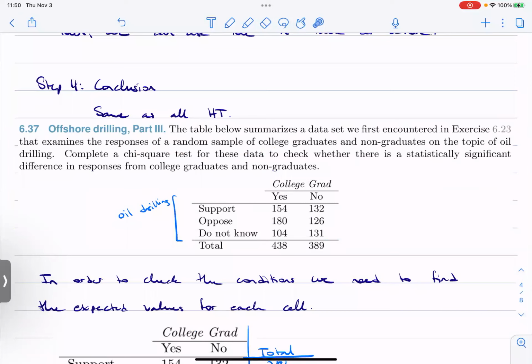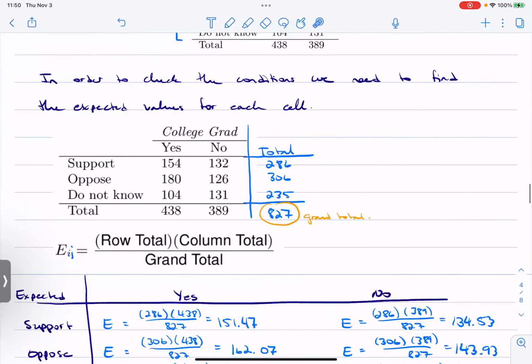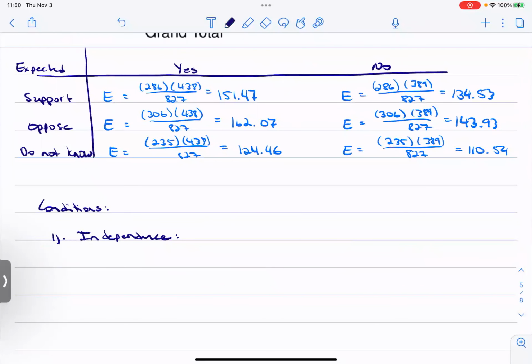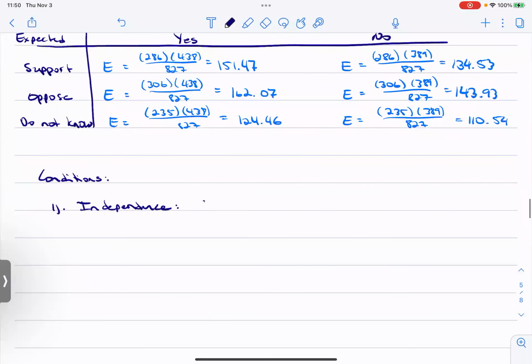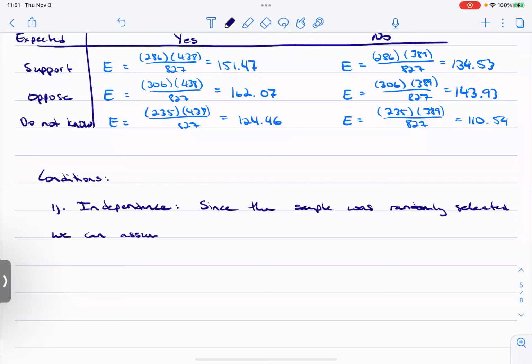So these counts were randomly selected. Since the sample was randomly selected, we can assume the counts are independent.